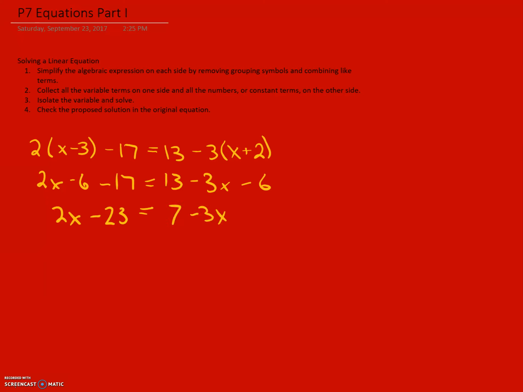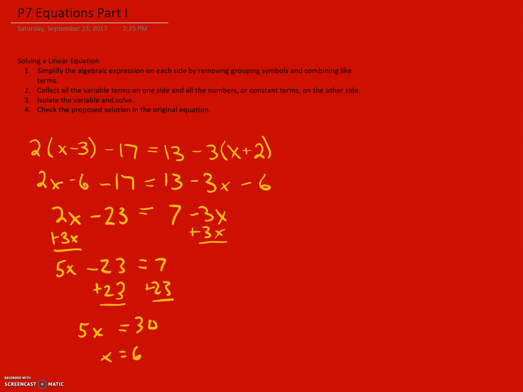And that's what we're looking at for both sides. I'm going to move the 3x just to keep that x positive. 5x equals 30, and then x equals 6.